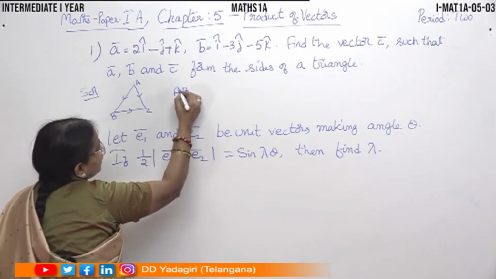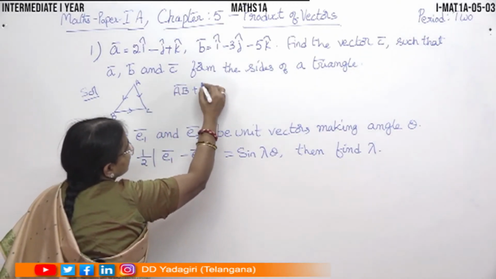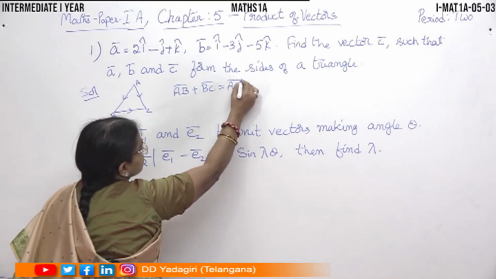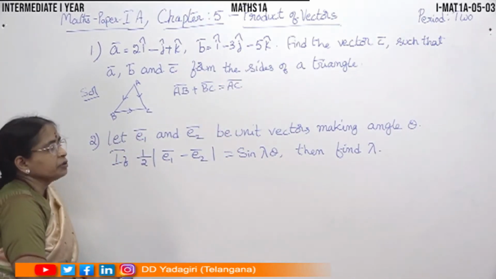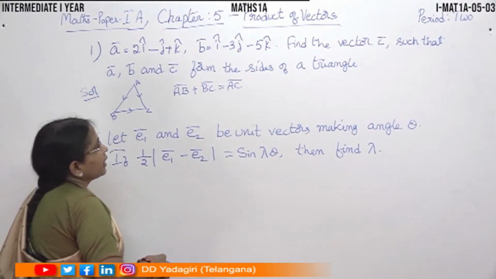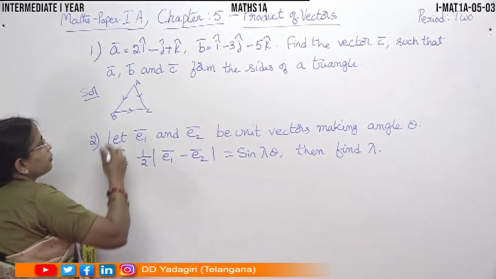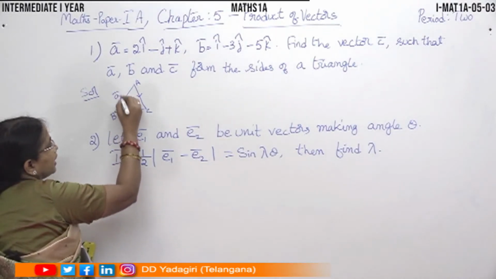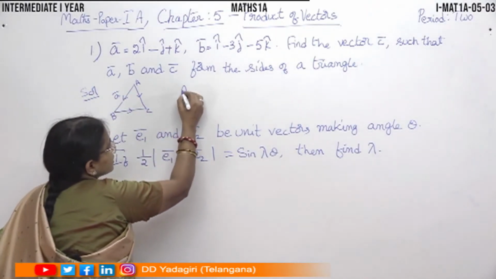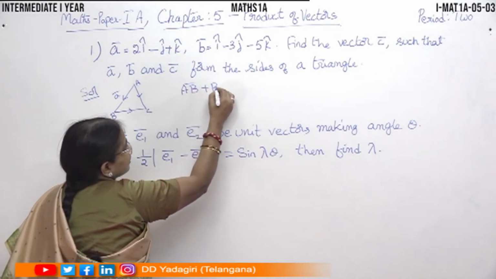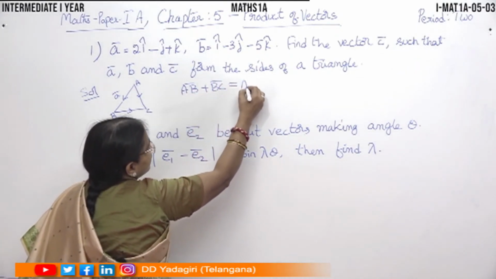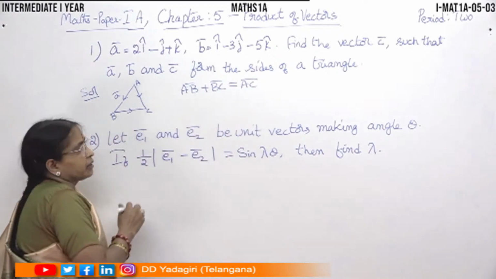This is the property that you studied in triangle law of vectors. Now instead of A, B, C and all, suppose I take like this. Now see, suppose AB plus BC is equal to AC. This is the triangle law of vectors.